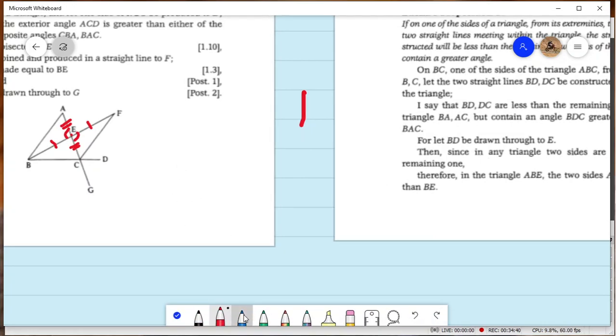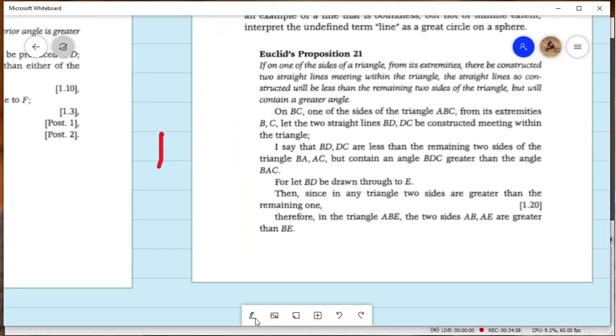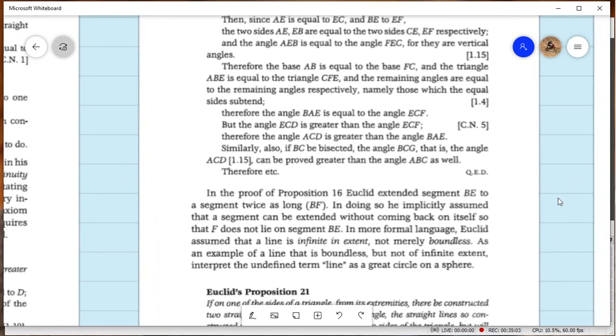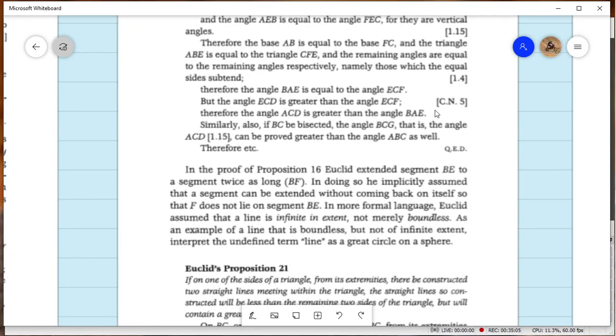That is, this angle BAE is congruent to angle FCE, since corresponding parts of congruent triangles are congruent. That is proposition four.